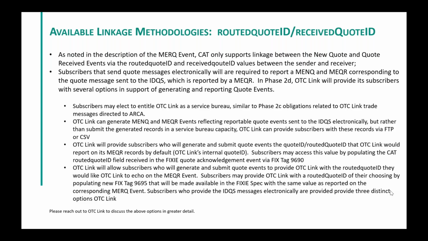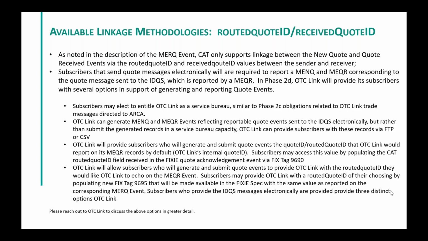So how we would model this from our perspective as a service bureau or as the generator of quote events for your firm would be to populate the routed quote ID within the routed quote event, with the duplicate routed order ID conditional flag as true, which would allow the routed quote ID to persist or be restated throughout the entire life cycle of the quote.